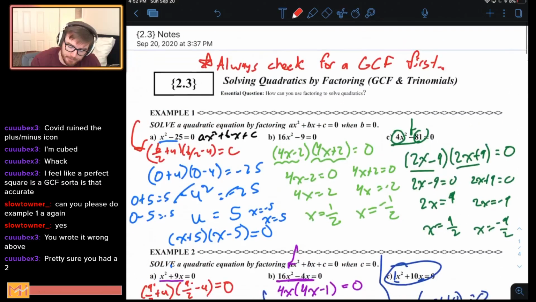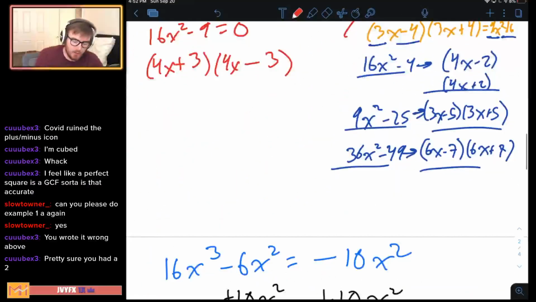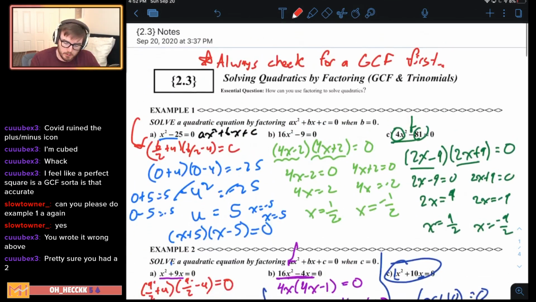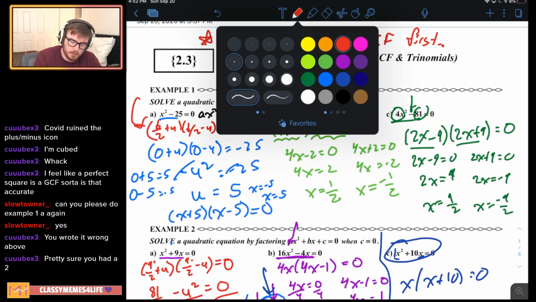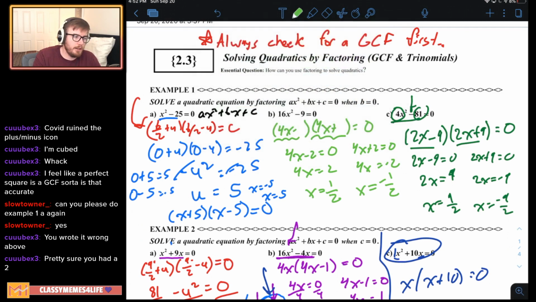And the last one, 4x squared minus 81. Pretty sure I had a 2. Oh, shoot, I did have 2.